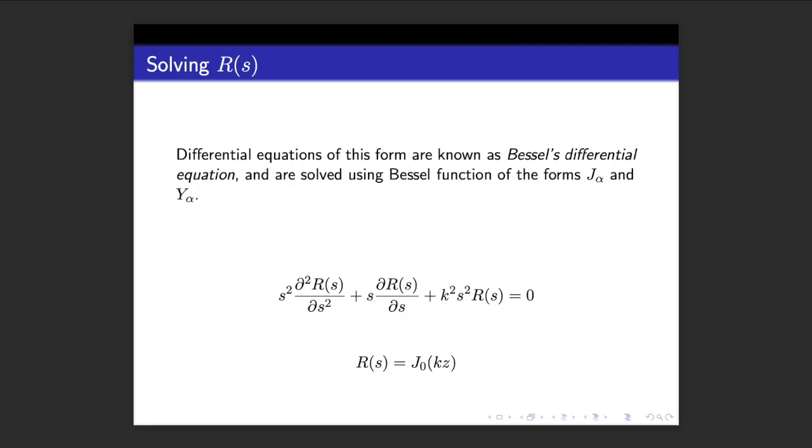This differential equation is of the form of Bessel's differential equation, which means that a solution of this equation is a Bessel function, which you can denote as either J sub alpha or Y sub alpha. You would rewrite this to say that the R function, R of s, that describes the radial portion of our potential function, is now written as a Bessel function, J naught of ks.